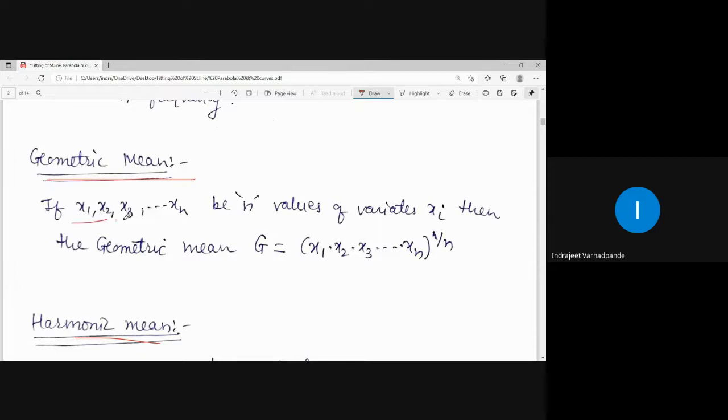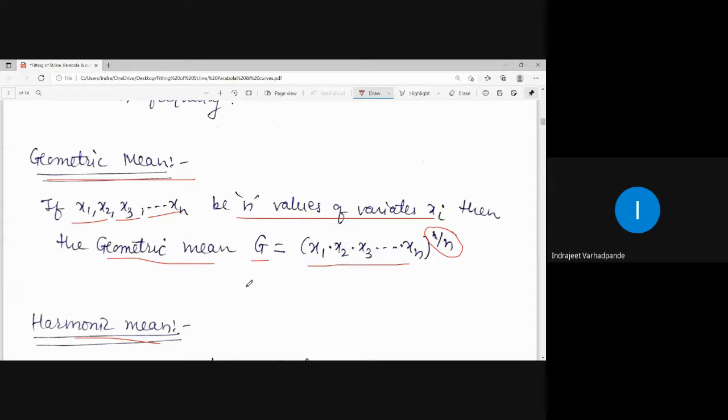If x1, x2, x3 up to xn are the n values of the variate xi, then the geometric mean, denoted by G, is the product of all the observations raised to the power 1/n. Whatever the total number of values, they are multiplied together and raised to that fractional power, and that quantity is the geometric mean.